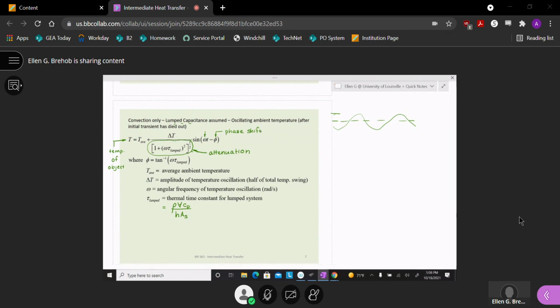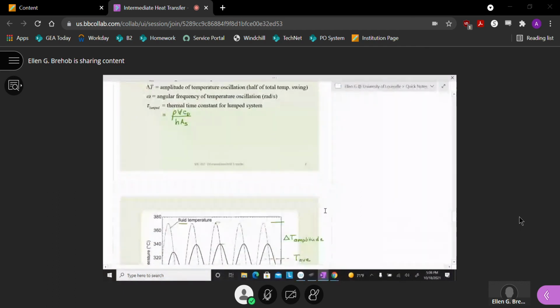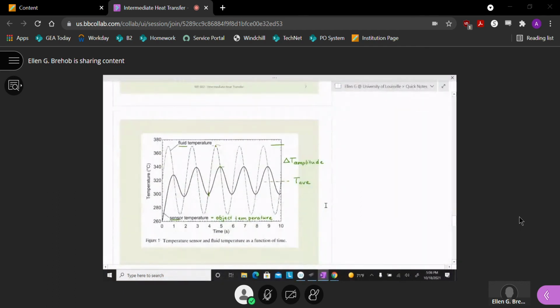I want to go back to this picture on the next slide for a minute. So this is showing the length of time to go through one period, and that is going to match between the fluid temperature and what the sensor measures.